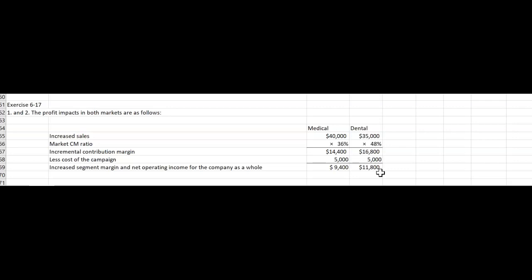The medical and dental markets only have $12,000 for the medical and $21,000 for the dental. The remaining $15,000 is common fixed costs that are not traceable to the markets in the Minneapolis office.